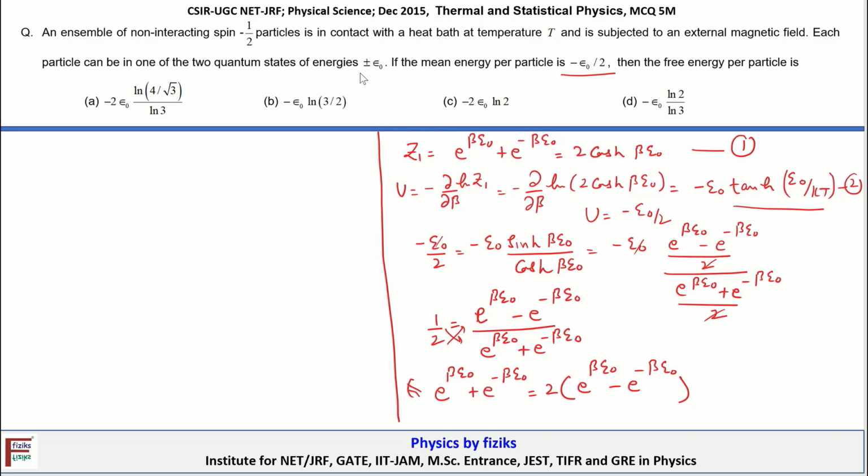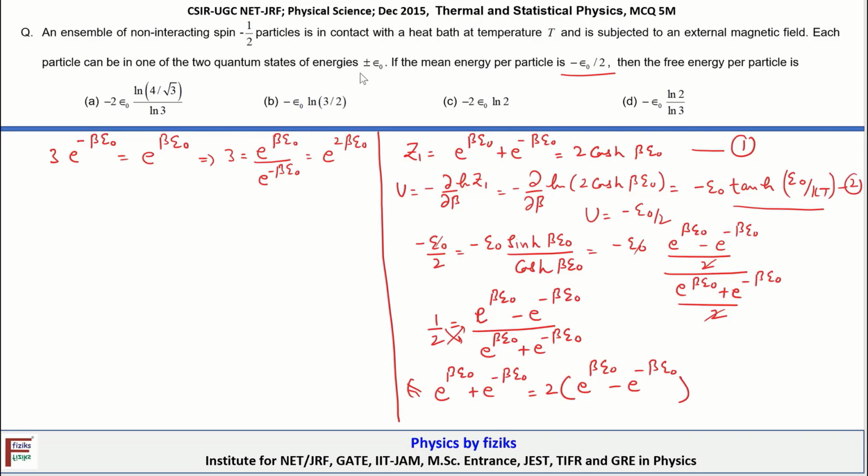So we obtain 3 exp(−βE0) = exp(βE0), which implies 3 = exp(βE0) / exp(−βE0) = e^(2βE0).